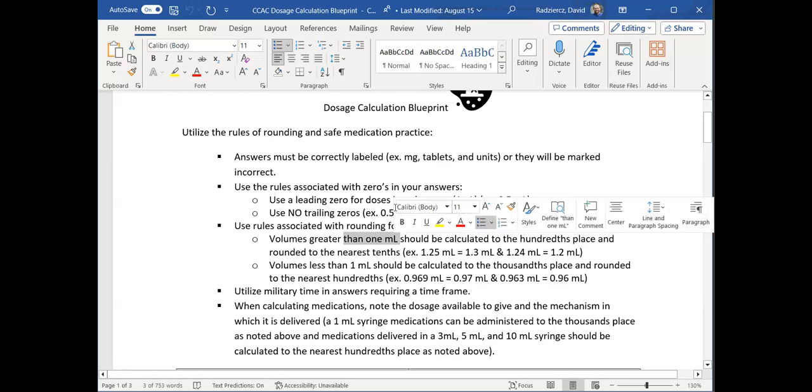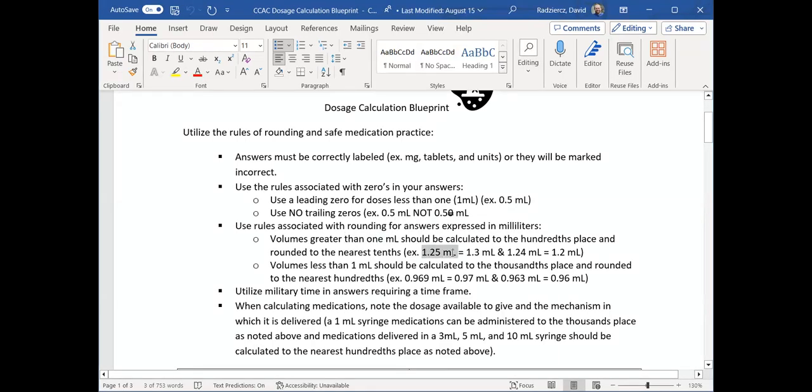But let's say you're doing more of a minute type of medication where it's an injectable, you have a syringe, and you are going to see a calculation of 1.25 milliliters. What you would do is you would look at that number and you would say, okay, it's a number that's greater than 1.